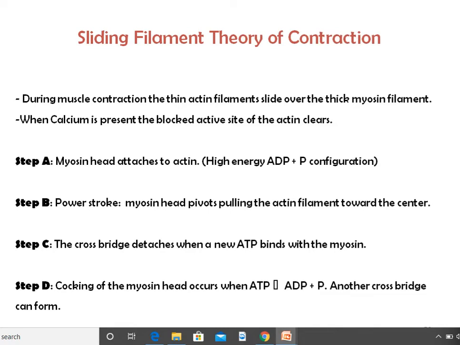Next, the cross bridge gets detached when a new molecule of ATP binds to the myosin. And the fourth one is the cocking of the myosin head, which occurs when the ATP is split into ADP and phosphate molecule, and they form another cross bridge.